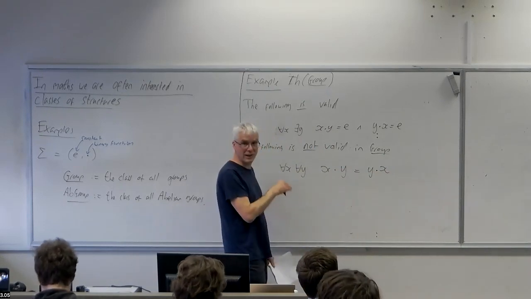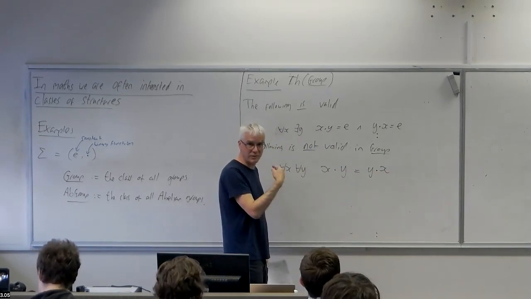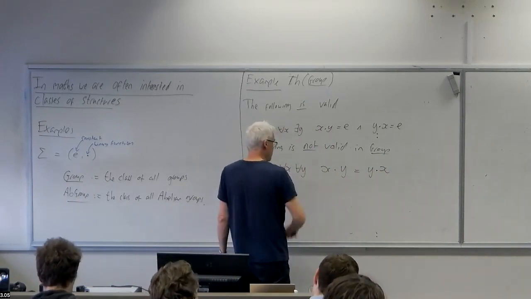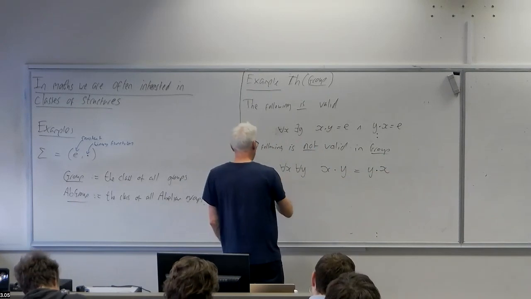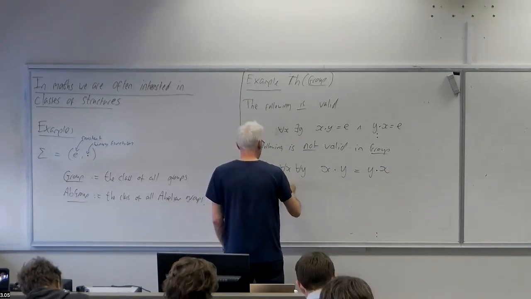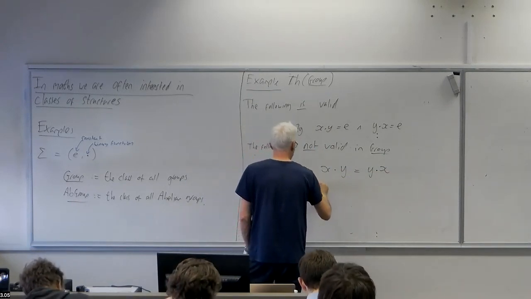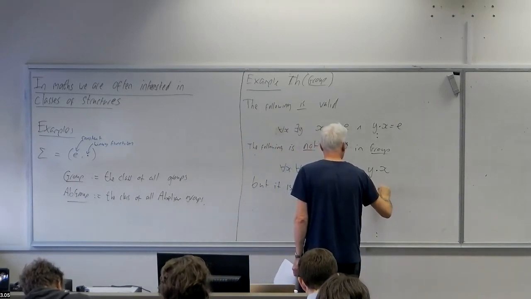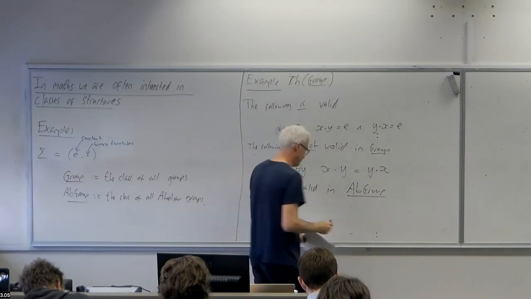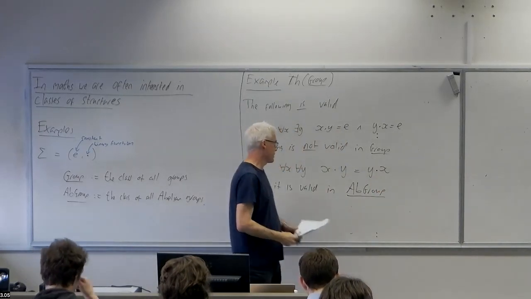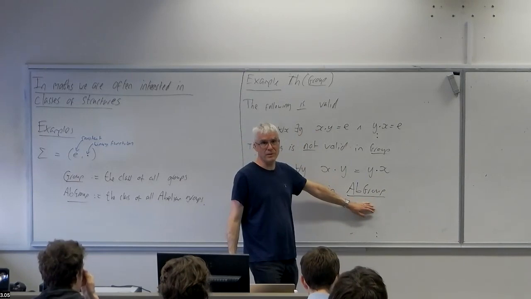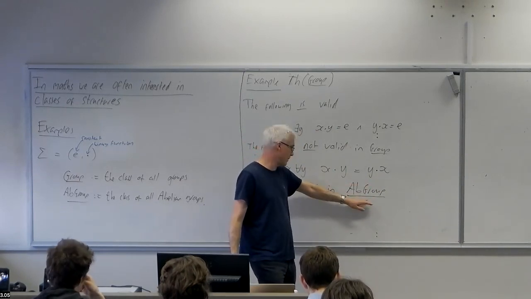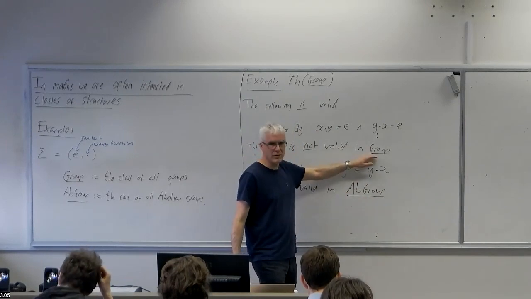But it is, of course, valid in the collection of abelian groups, because that's actually the definition of an abelian group. It's a group that satisfies this property. So it is valid in the class of structures ab group. So for the class of structures ab group, some sentences belong to its theory, are valid for abelian groups, but are not valid for groups.